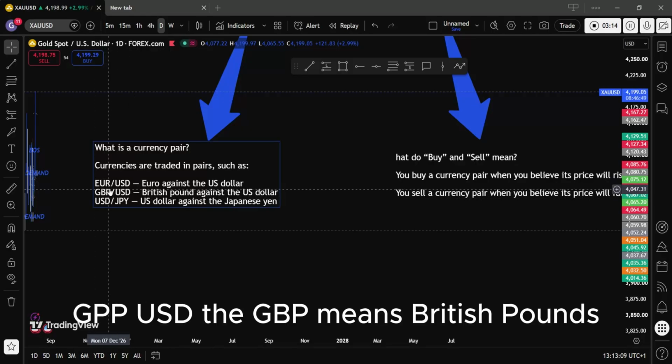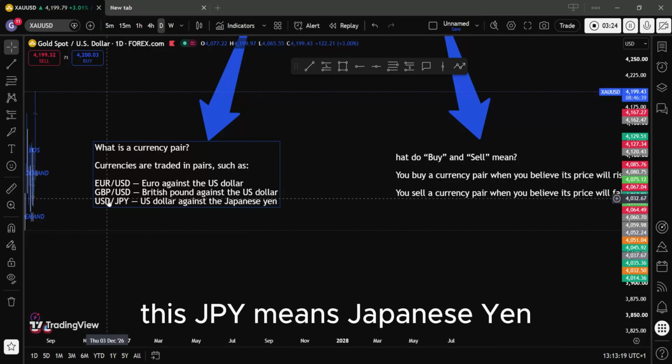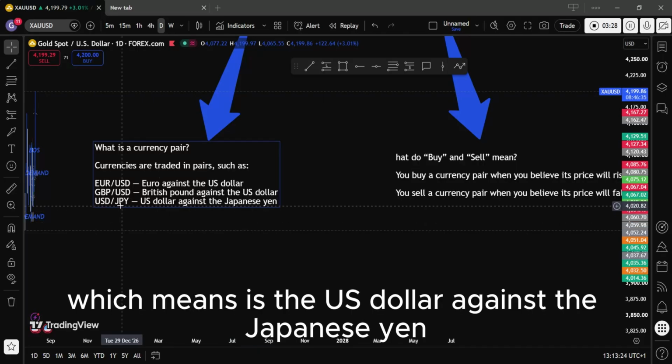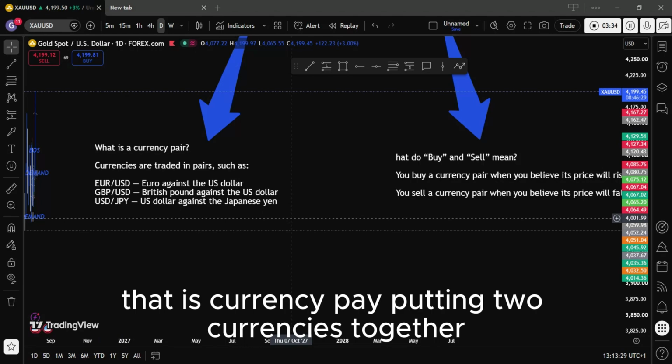This GBP means British pounds against the US dollar. USD JPY. This JPY means Japanese yen, which means it's the US dollar against the Japanese yen. That is a currency pair. Putting two currencies together.